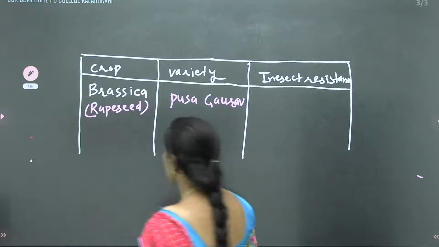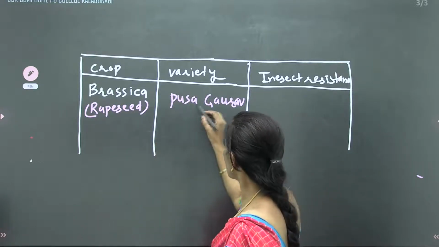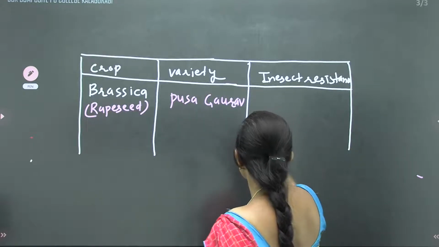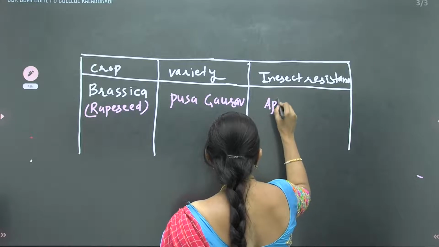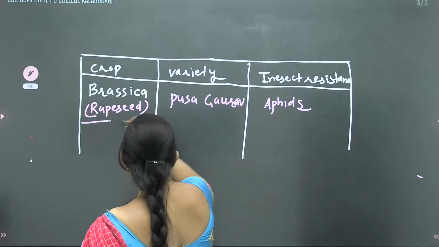So Pusa Gaurav is a variety of rapeseed, and it is resistant to the aphids. Resistance to what? Aphids.